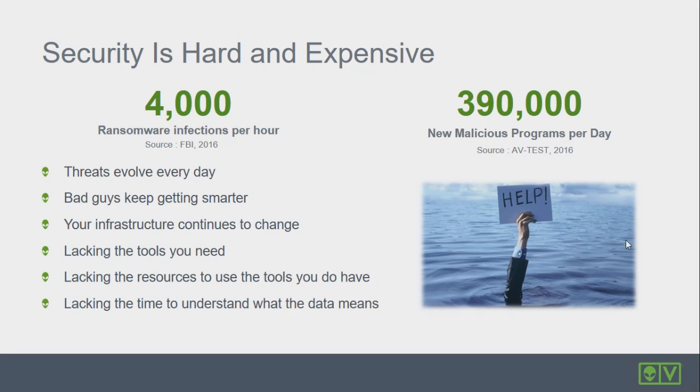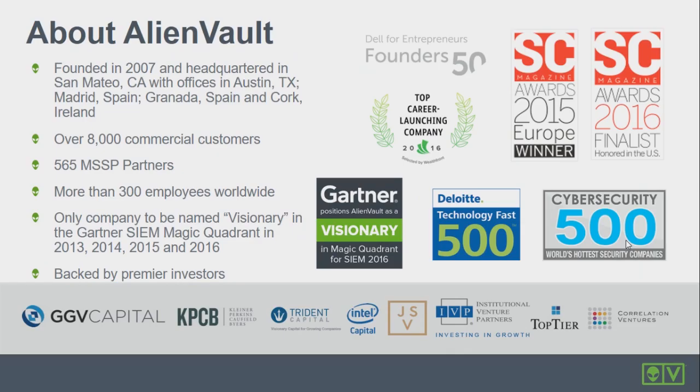In total, you need to find a solution which helps you to maintain your security. That's why people invented AlienVault. AlienVault has been on the market for more than 10 years. Right now they've got more than 8,000 commercial customers over the world, and more than 300 employees.